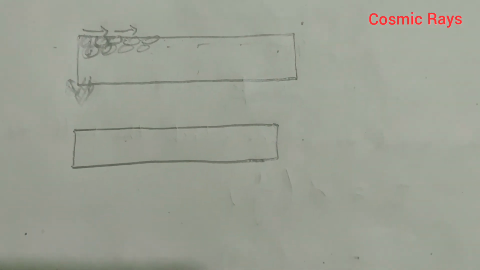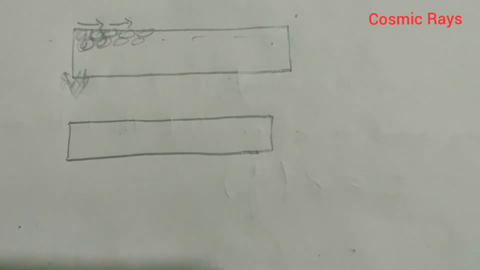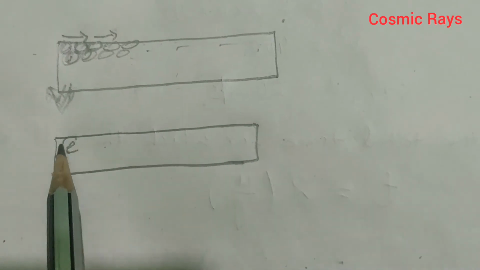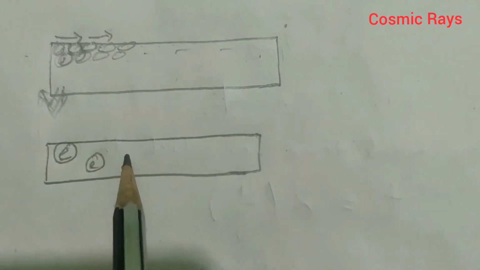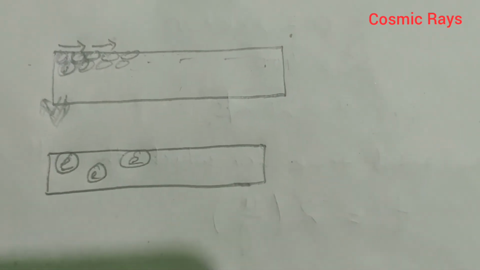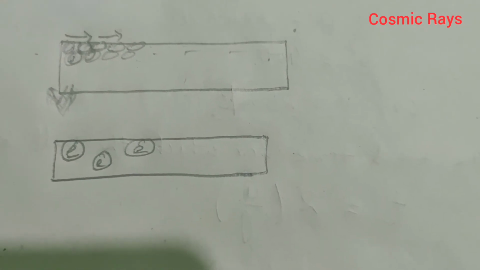Another way of heat transfer in the method of conduction is we have something called free electrons in metals. Now these free electrons are not bound in the metal, they are free to move around.